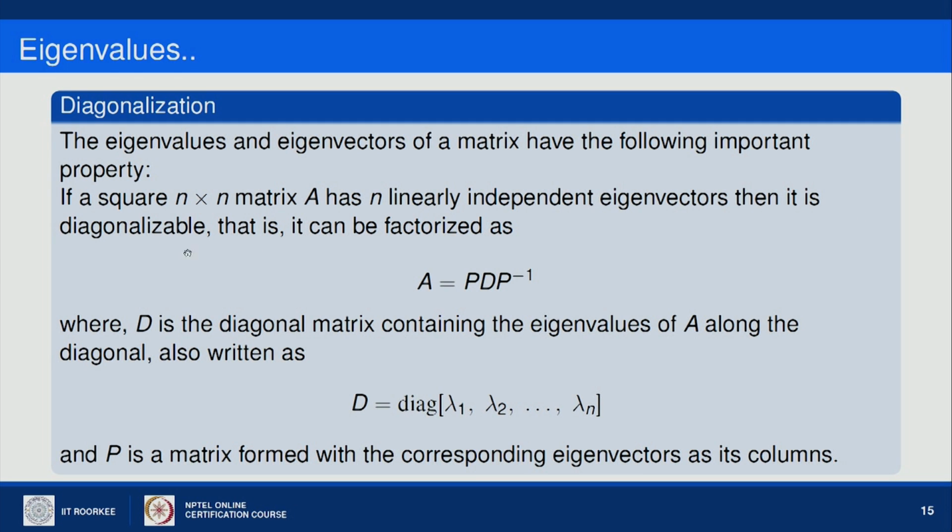That is, it can be decomposed as A equals P D P inverse, where D is the diagonal matrix containing the eigenvalues of A along the diagonal. So, D can be written as diagonal of lambda 1, lambda 2, up to lambda n, and P is the matrix formed with the corresponding eigenvectors written in the columns.